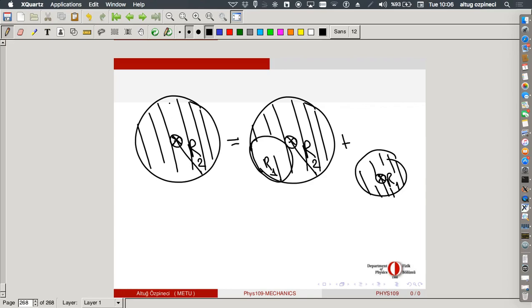So the center of mass, let's just put our origin to be here. So the center of mass of this one is at the origin. Now the center of mass of this one, you see our origin is somewhere over here. Let's just, for the sake of simplicity, move it a bit so that this object is right below.